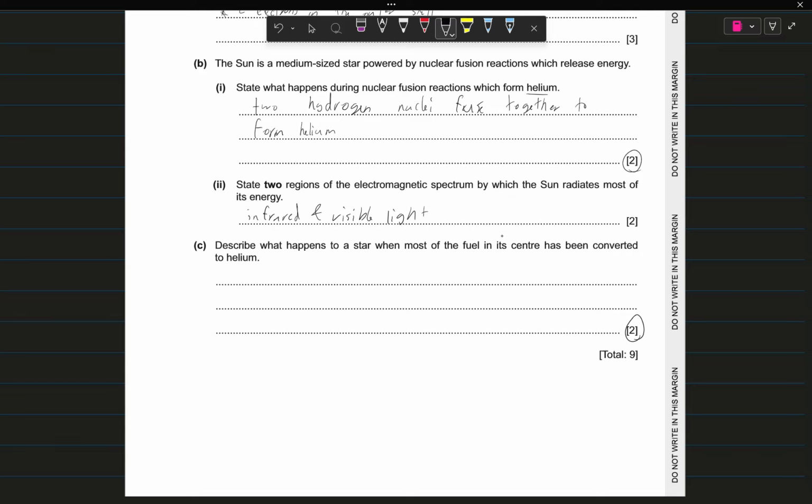However, if it's larger, then it will form a red supergiant. So I'd say that a small star forms a red giant, only a red giant, while larger stars form red supergiants.